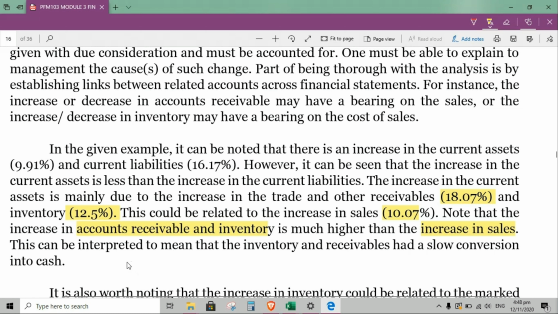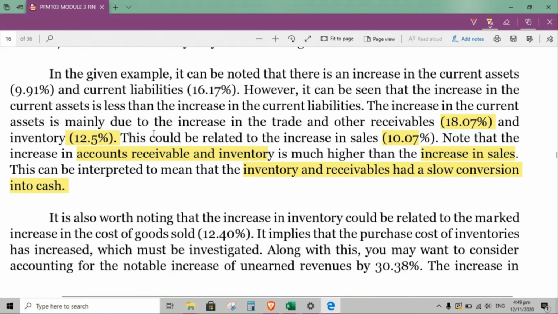So, meaning to say, dahil nga mas mataas ng ganon, mabagal yung conversion ng inventory at saka receivables into cash. Yan. So, matagal mabenta, matagal makitaan ng kita yung inventory niya at yung receivables niya. Maaaring hindi pa siya masyadong nababayaran. Okay? So, yun yung interpretation natin kung bakit mataas yung inventory niya at saka receivables.